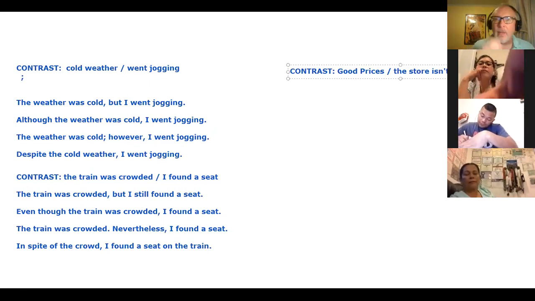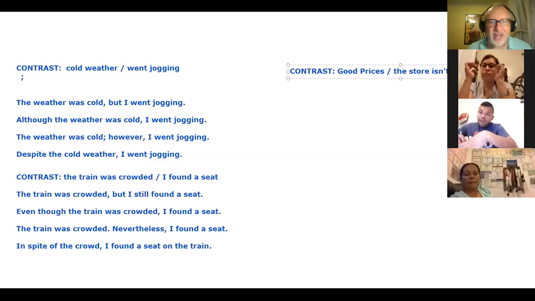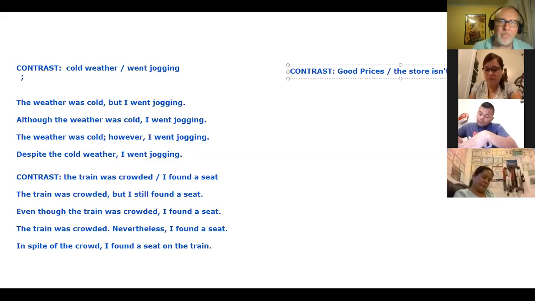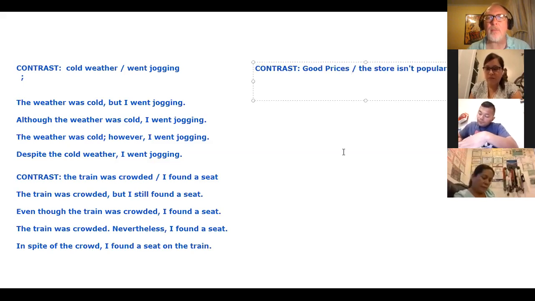The fact: good prices. The surprise: the store is not popular. The prices are good, but the store is not popular. How could we say it with but?